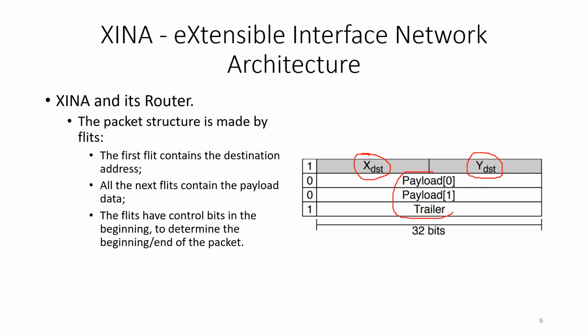In this example, we have 3 payload data, and they have 32 bits each. On the very left, you can see that there are control bits. These control bits define where a packet starts and where it ends.